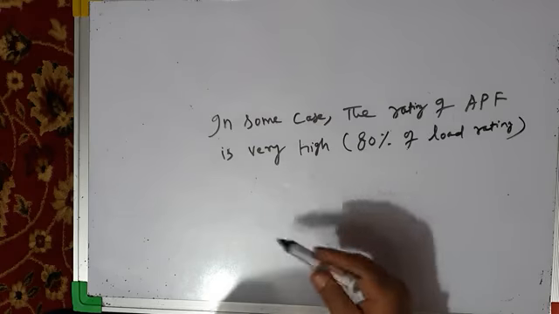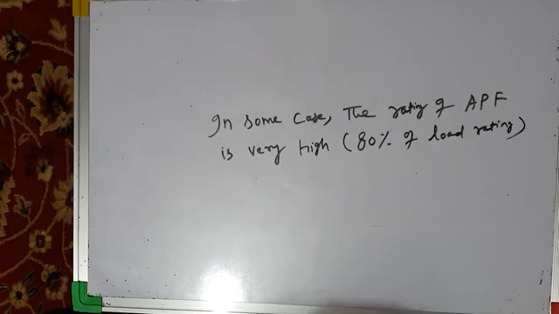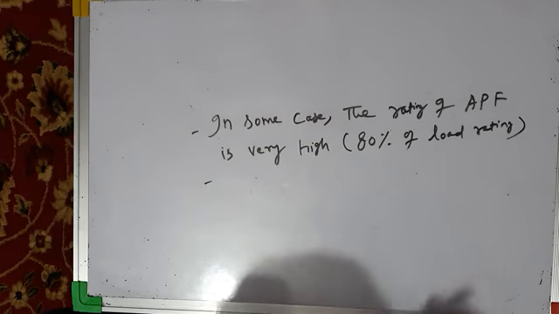So therefore, the rating and hence size and cost of active power filter in certain situations becomes very high. And another problem with these active power filters is that they don't provide 100% compensation, perfect compensation. Like when you use shunt active power filter, it will provide compensation against load current harmonics only. It will not provide compensation against harmonics present in the source voltage.